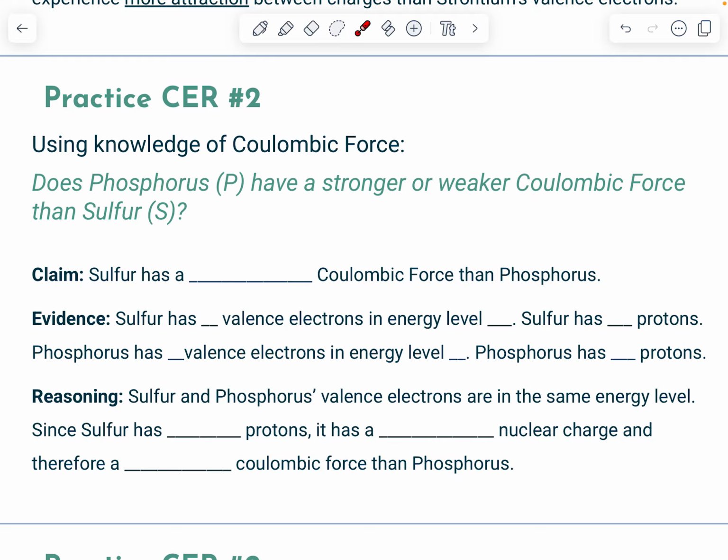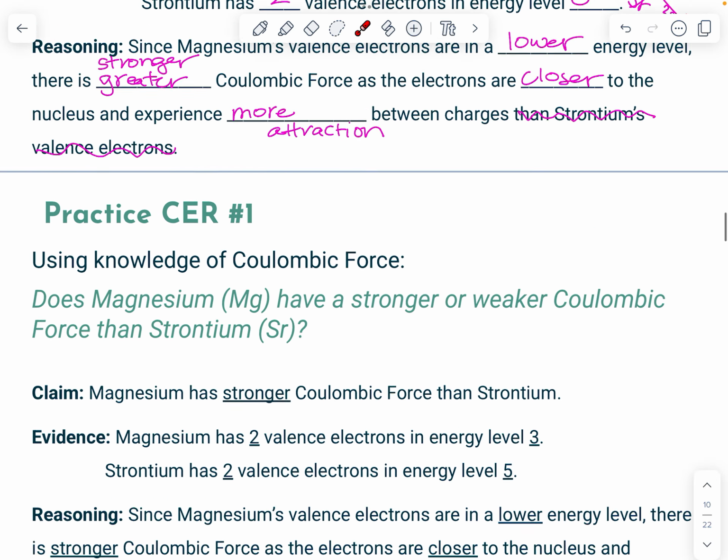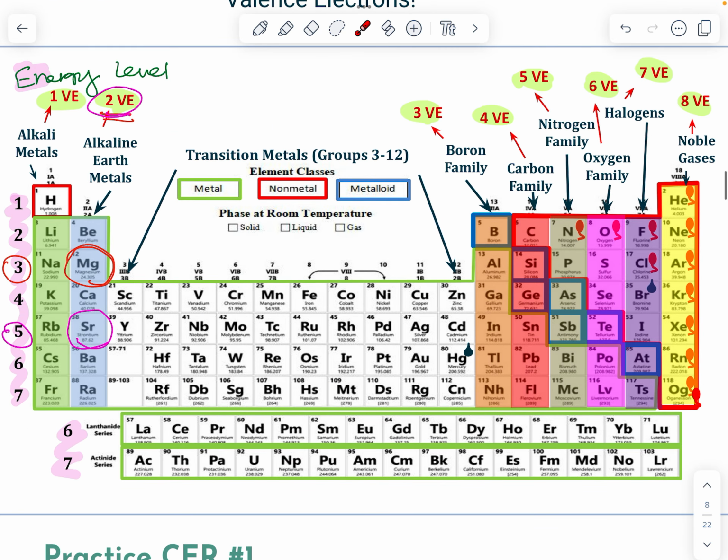All right, so does phosphorus have a stronger or weaker Coulombic force than sulfur? So with this one, looking at what I have, sulfur has how many valence electrons in what energy level? Sulfur is over here on the right: 6 valence electrons in energy level 3.